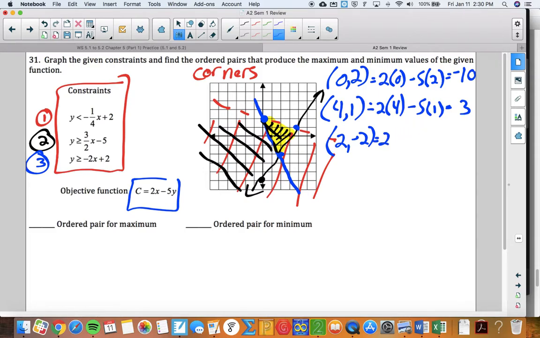And then here, 2 times 2 minus 5 times -2, and you get 14. So what produces the maximum? It's the point 2, -2. What produces the minimum? Well, -10 is the minimum value given, so that's 0, 2.